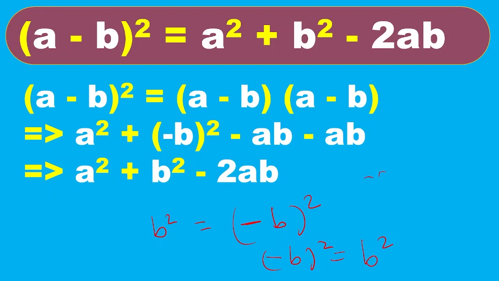So if I say (minus 5) whole square, I'm essentially saying 5 square, which is 25. This is where the minus sign goes, and this is why the minus is only for 2ab. That is why we don't have a minus for b square.